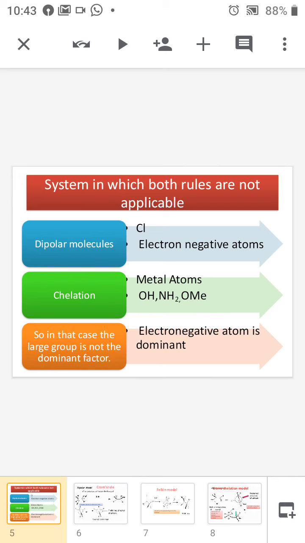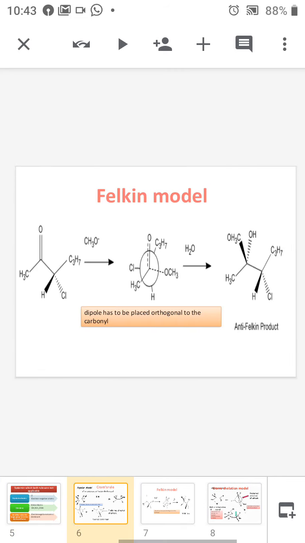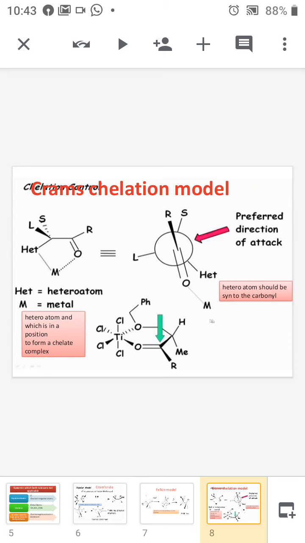The OH group can create chelation with the oxygen using a hydrogen bond, or NH2, OMe, etc. This is one of the examples. Here a metal atom is represented by capital M, and M makes a chelation with the carbonyl group.